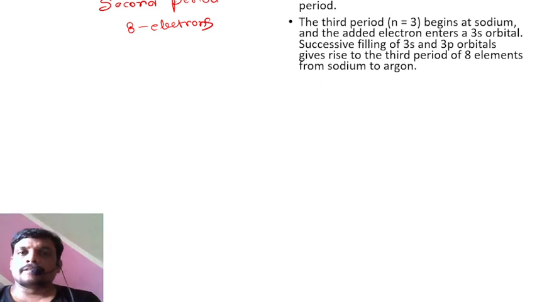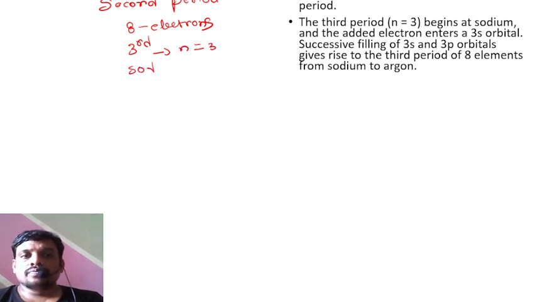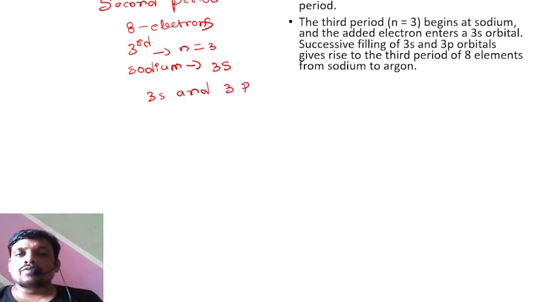The third period, n equal to 3, begins with sodium, and the added electrons enter the 3s orbital. Successive filling of 3s, and after 3s comes 3p. After 3p, what will be there? 3d.